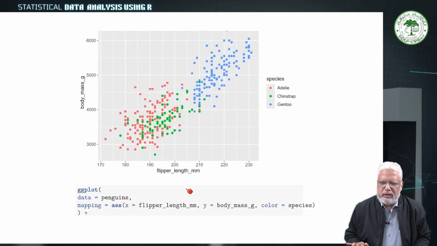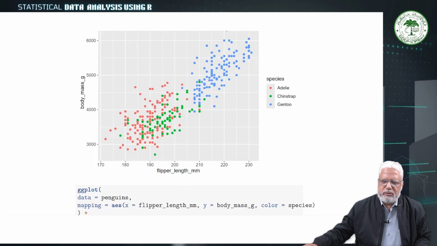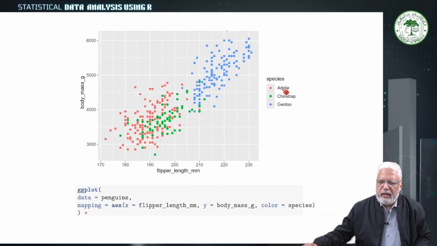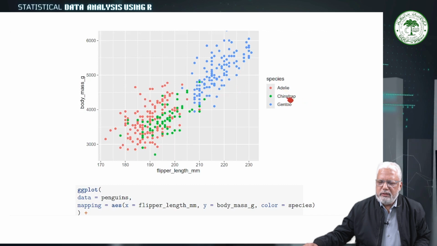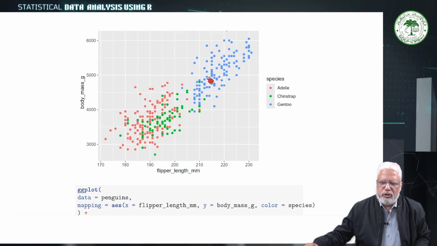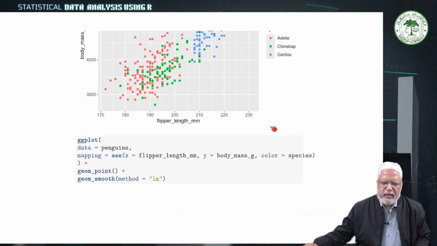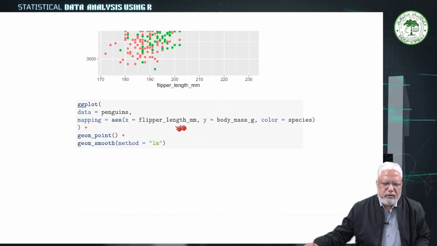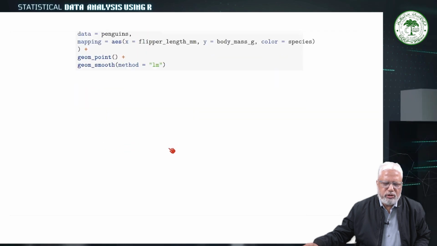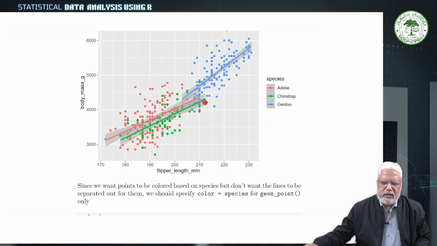So, here it adds the color, because color is equal to species, these species come here. It is Adelie and then Chinstrap and then Gentoo. And when we add plus geom_smooth, method is equal to lm, we have these three lines fitted.